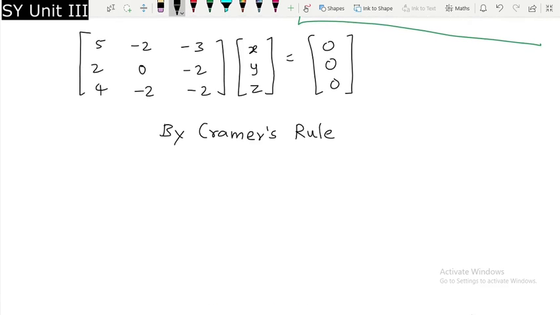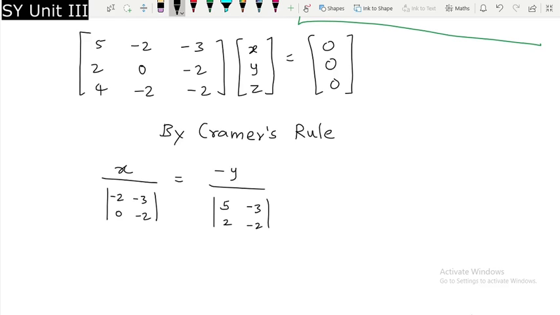So x upon determinant of (-2, -3; 0, -2), which is equal to minus y upon determinant of (5, -3; 2, -2), which is equal to z upon determinant of (5, -2; 2, 0), which is equal to t, where this t is some parameter.